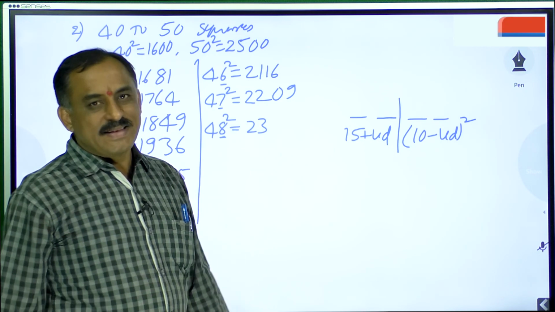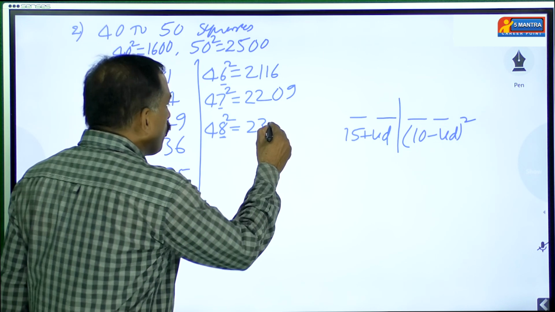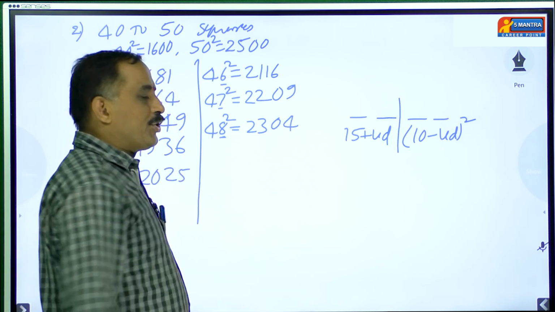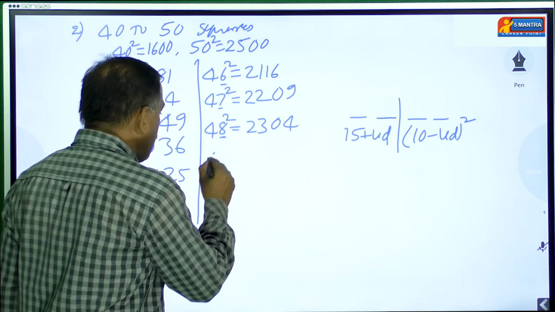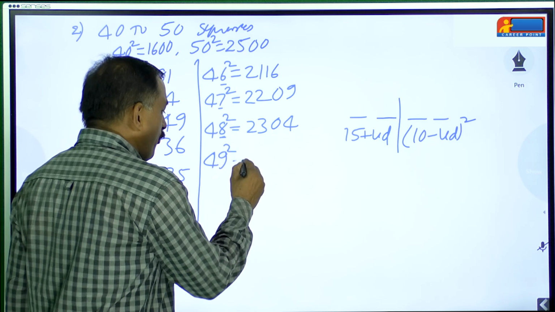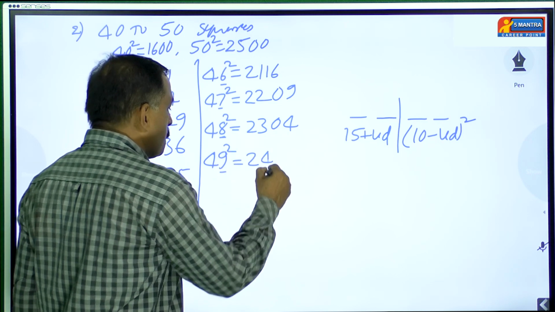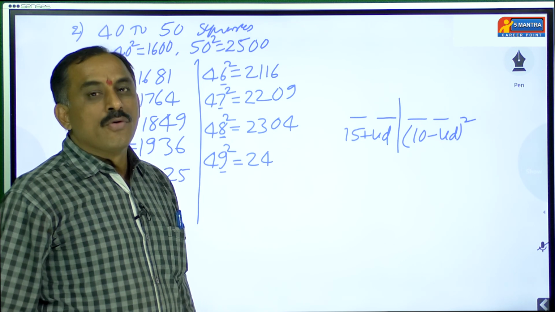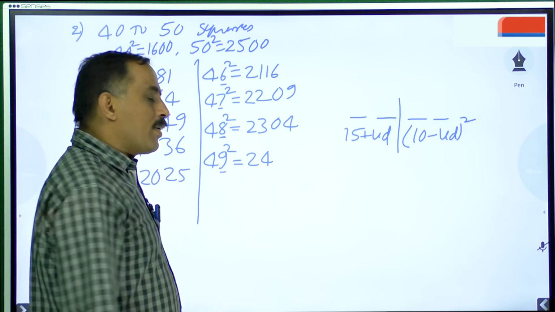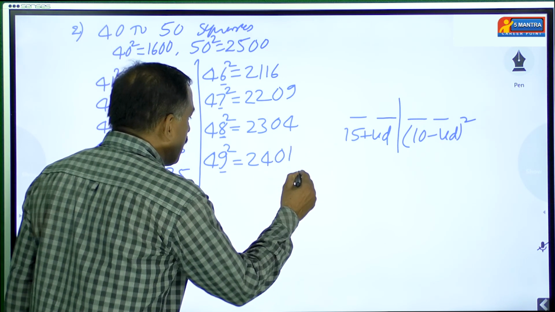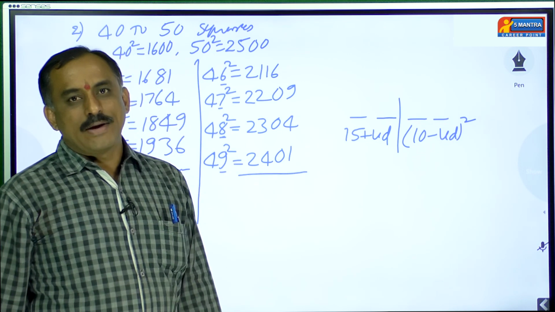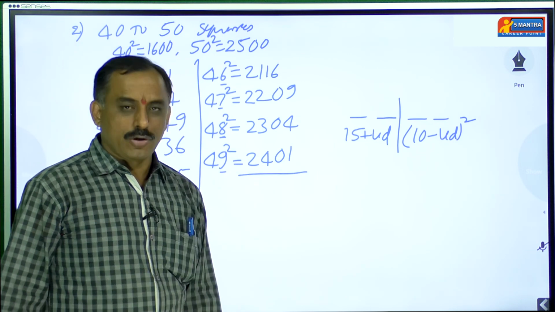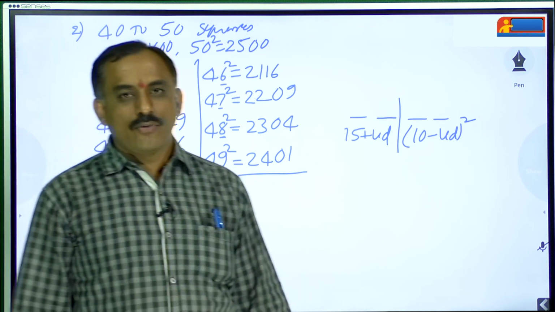And 10 minus 8 is 2. 2 square is 4. 4 is not a 2-digit number, so write 04. And finally, 49 square. 15 plus 9 is 24. Then 10 minus 9 is 1. 1 square is 1. But 1 is not a 2-digit number, so write 01. So 2401. This is the squares from 40 to 50.